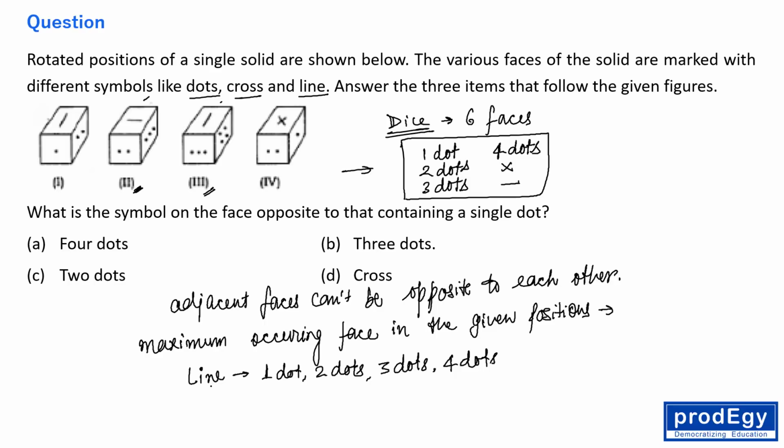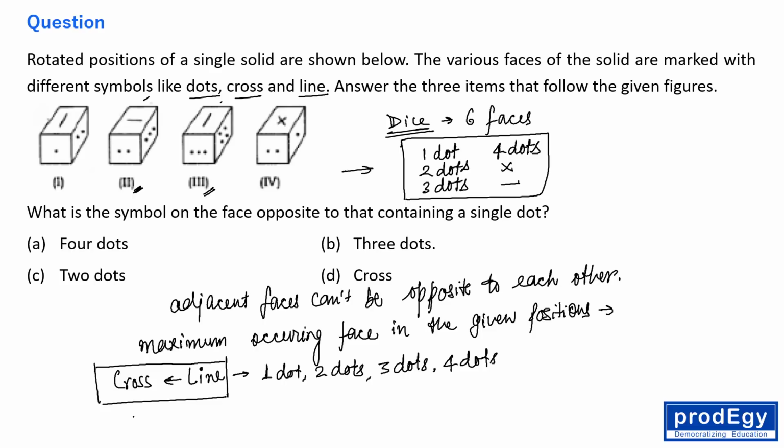So if 1 dot, 2 dot, 3 dot and 4 dots are not opposite to line, then obviously cross is opposite to line.